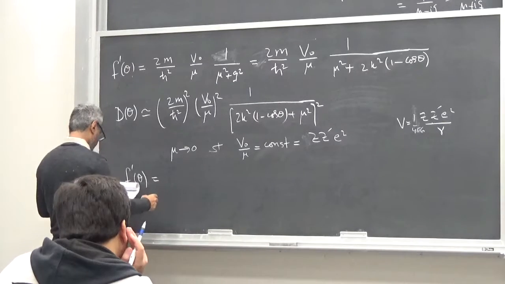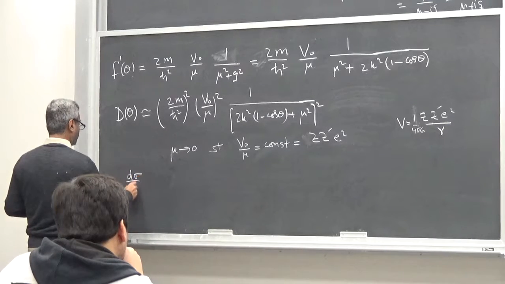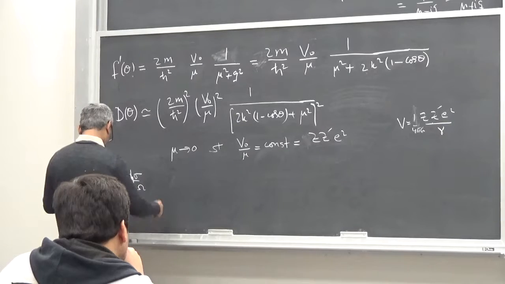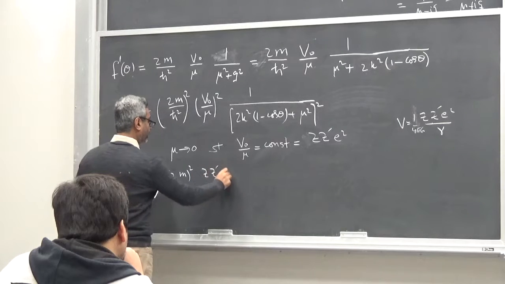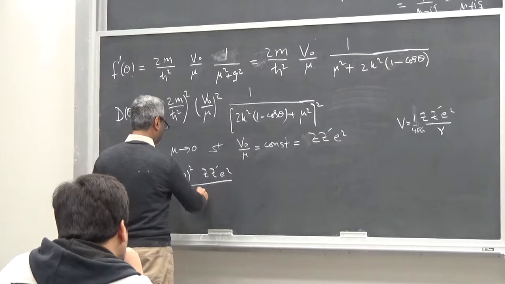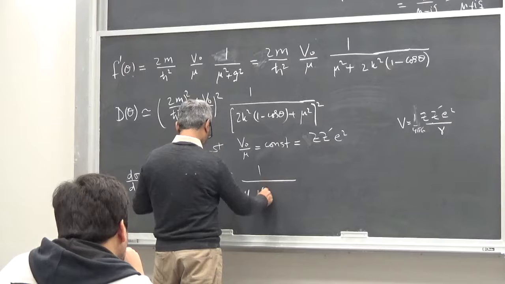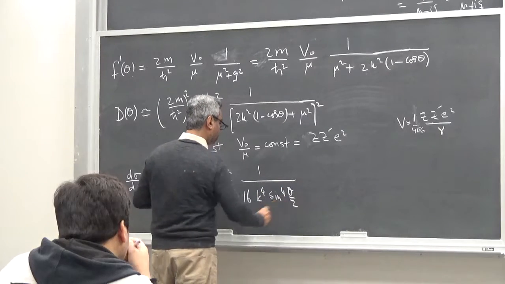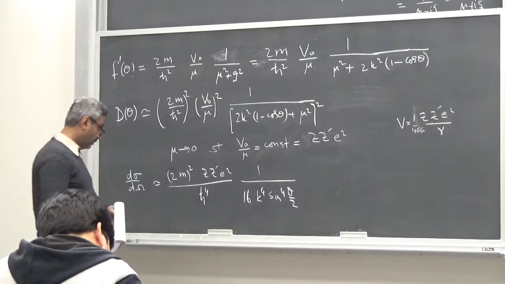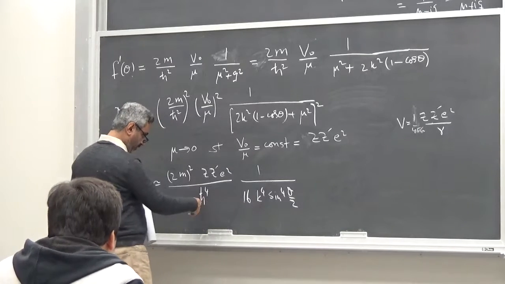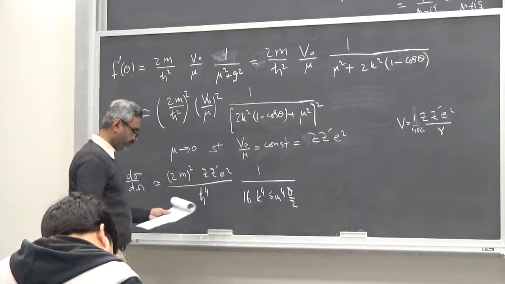Okay, so d sigma over d omega is going to be approximately equal to 2m squared z z prime e squared over h cut to the power 4, times 1 over 16 k to the 4 sine to the 4 theta over 2. To simplify it further, you can convert this k to the 4 h cut into energy over 2m.